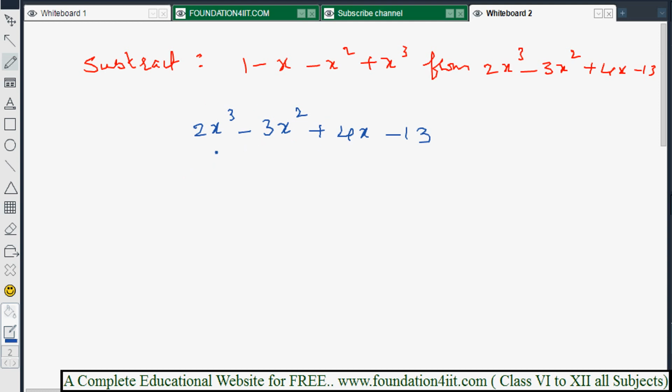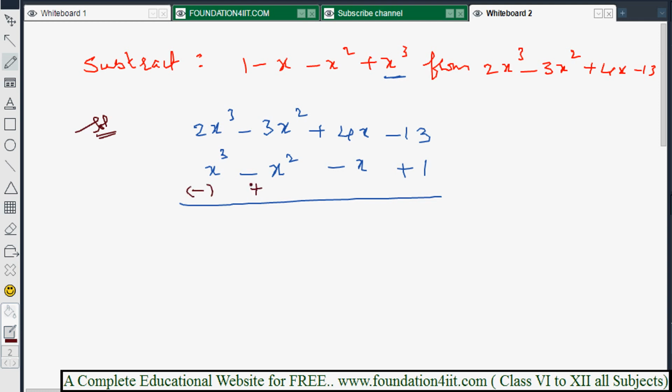Again the x cube term is first: a positive x cube term is there, and minus x square term is also there, and minus x plus 1. So arrange in order. After arranging, as I said, you need to change the sign. So plus x cube becomes minus, and the others also change, plus to minus and minus to plus.